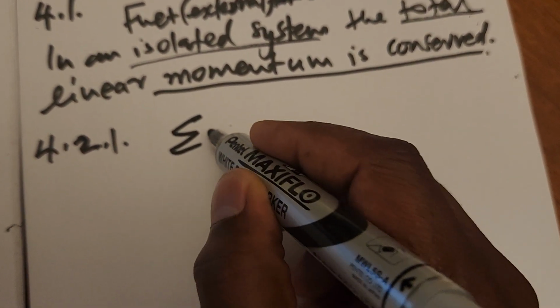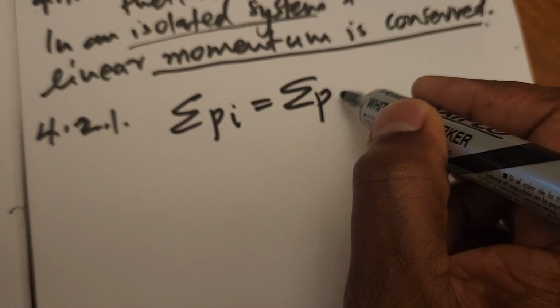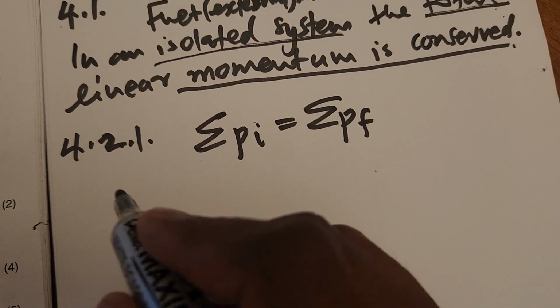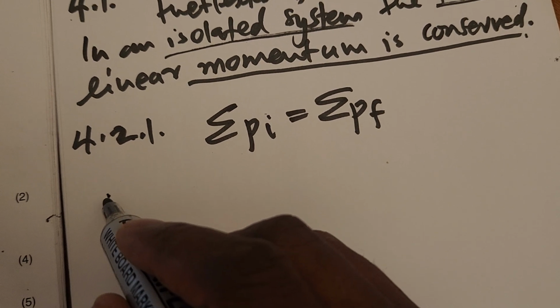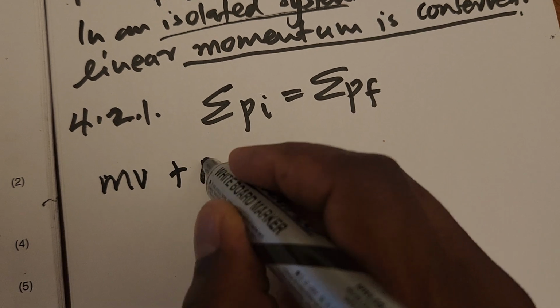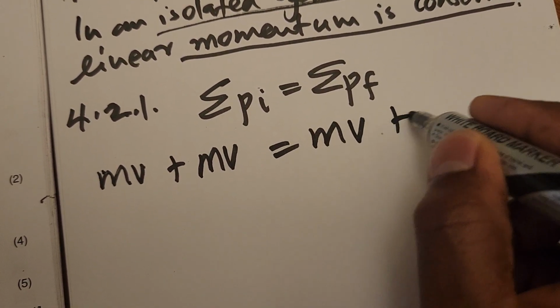Remember, when you start in this case, say sigma pi equals sigma pf. Very important to write that. According to this one, they were separate before collision and they're still separate after collision.